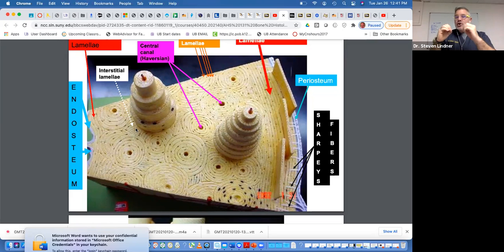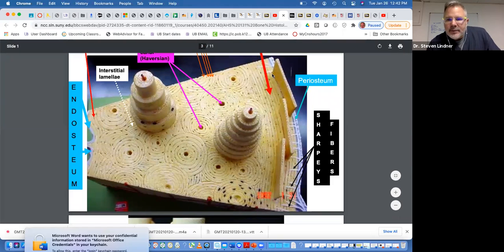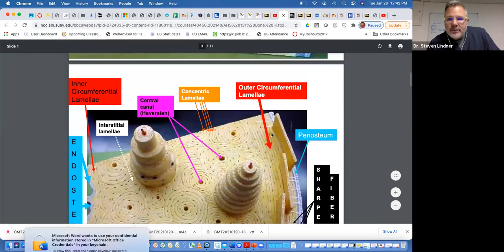That's called intracellular fluid. But between these cells is called interstitial fluid. That's between the cells. So between each of these osteons are interstitial lamellae. They are remnants of old osteons that are broken down. All the way around the periphery, these are circumferential lamellae.